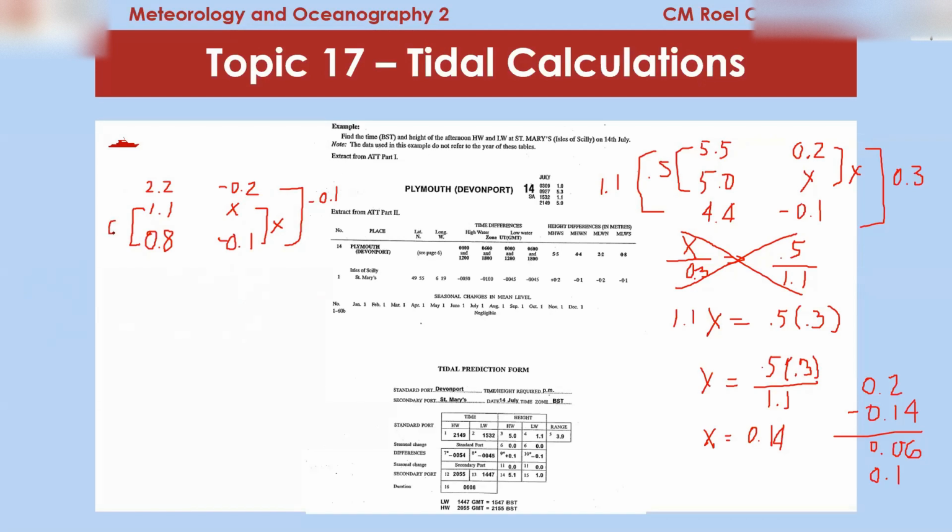So this one, 0.3. And this one is 1.4. Okay, so ganun pa rin. X over negative 0.1 is equal to 0.3 over 1.4.